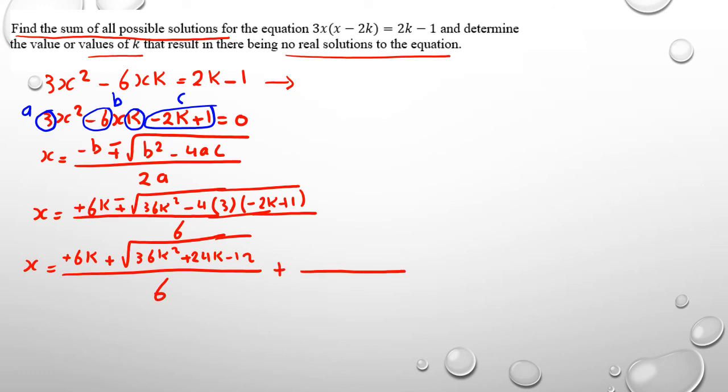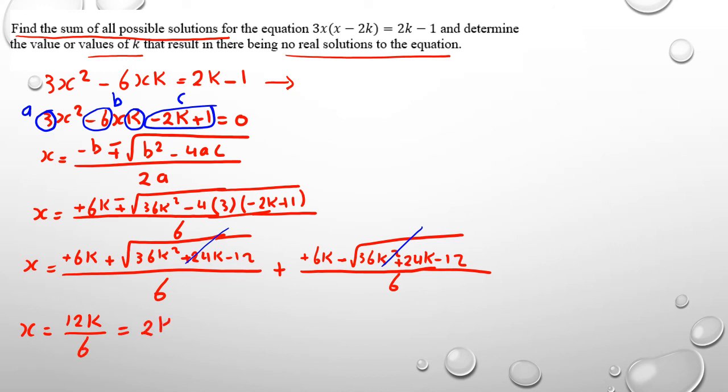Plus, because I'm adding all the roots, the second root will be positive 6k minus, this time the same thing, over 6. Now you've got the same denominator, so you can just simplify adding the fractions. So 6k plus 6k is 12k, and the positive whole root minus the whole root simplifies to 0, and that is over 6, and then you'll end up with 2k.